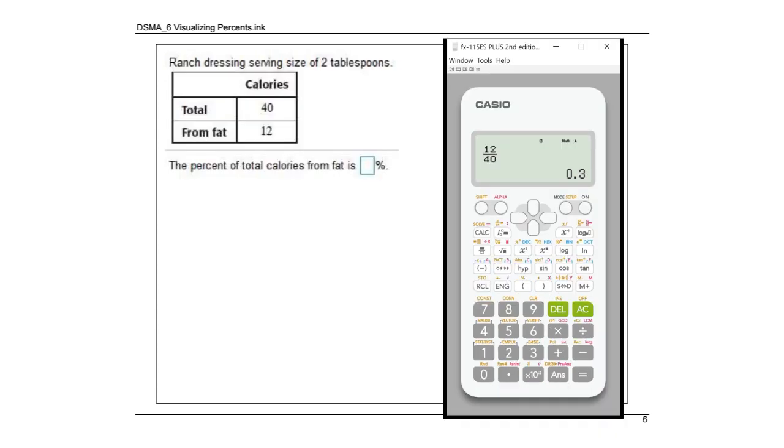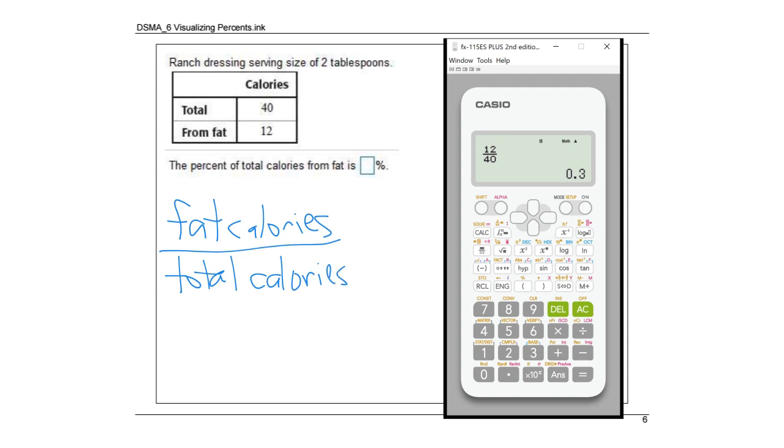This problem is looking from the other direction. We have ranch dressing, serving size of 2 tablespoons, and we want to look at the percent of total calories from fat. So what we're going to do is put the fat calories on top, the total on the bottom, because remember, a percent's always a piece out of a total. That means I would have 12 over 40. Now remember, on this calculator, you can either divide, or you can hit the fraction key here and put 12 and then arrow key down and put the 40.